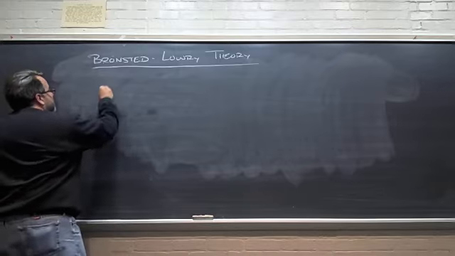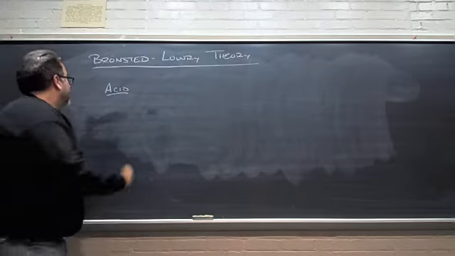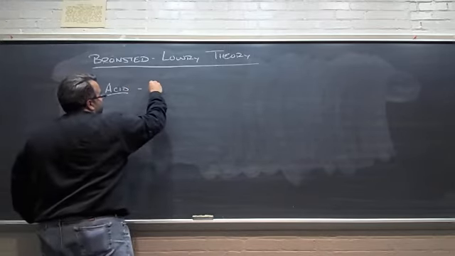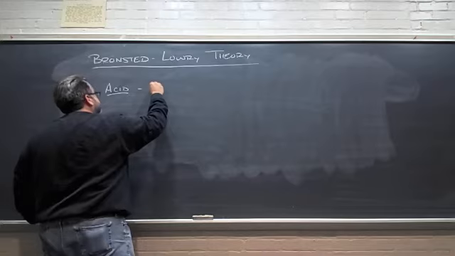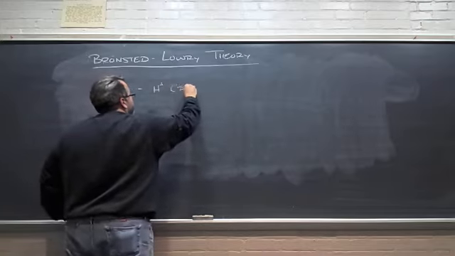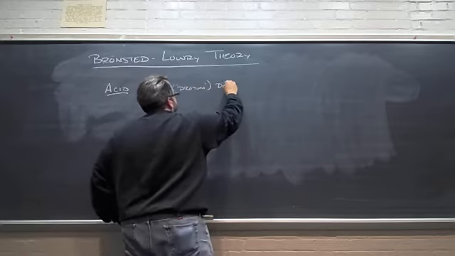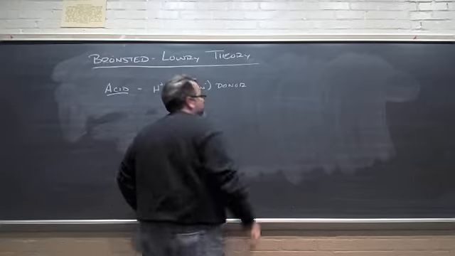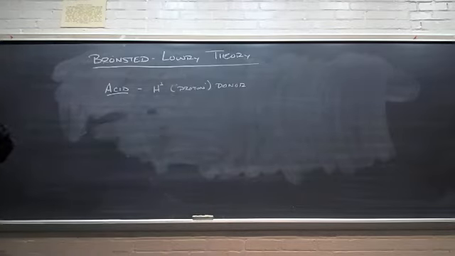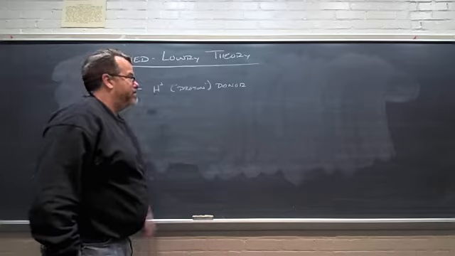In the Bronsted-Lowry theory, an acid is an H plus donor. It means it gives an H plus.